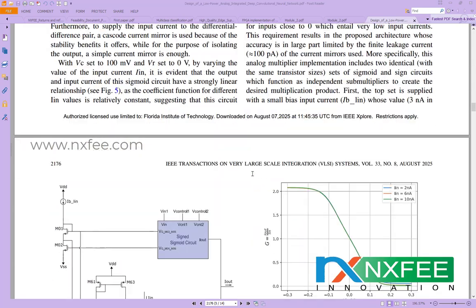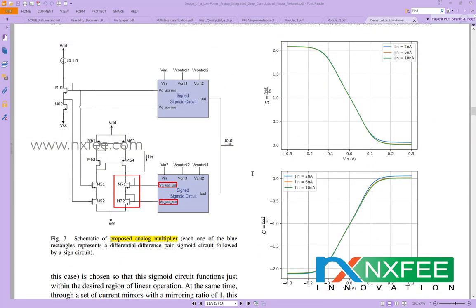Figure 7 is the proposed architecture, the schematic of the analog multiplier design. Here the sine control signals are used in this part, and after that they are used for the sigmoid sine circuit. Two such modules are used, but this architecture takes a larger number of transistors.